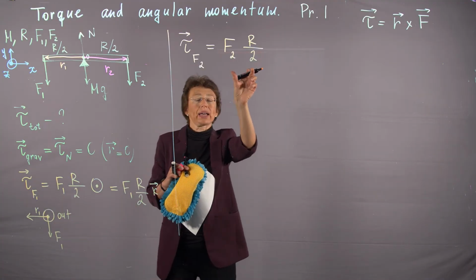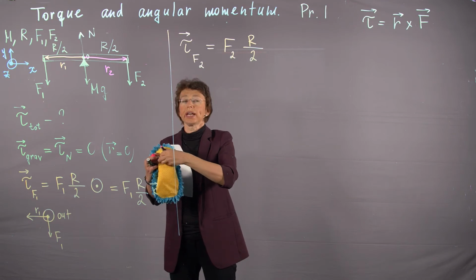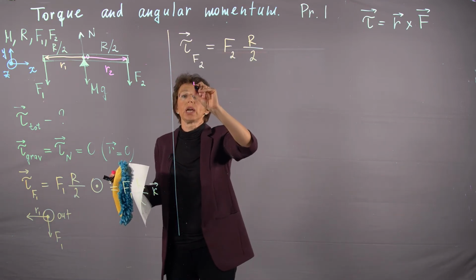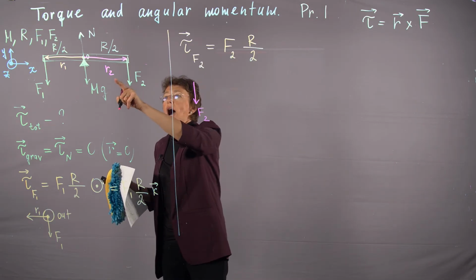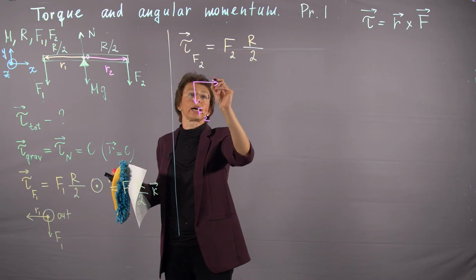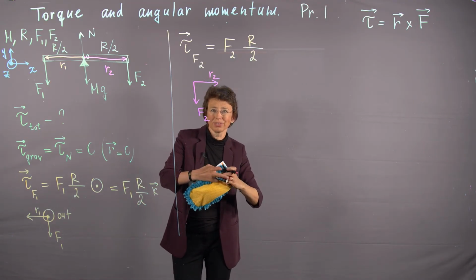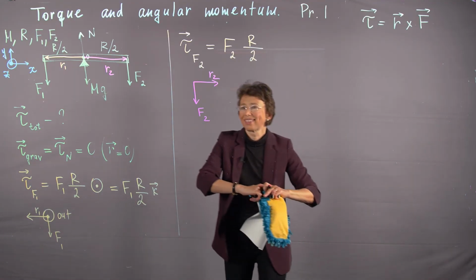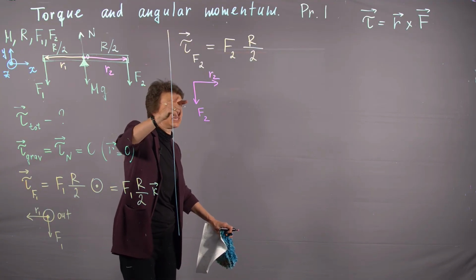I found the magnitude of torque. Now I need to find the direction. As always, we start these two vectors from the same point. F2 is down, R2 is to the right. Use your right hand now.